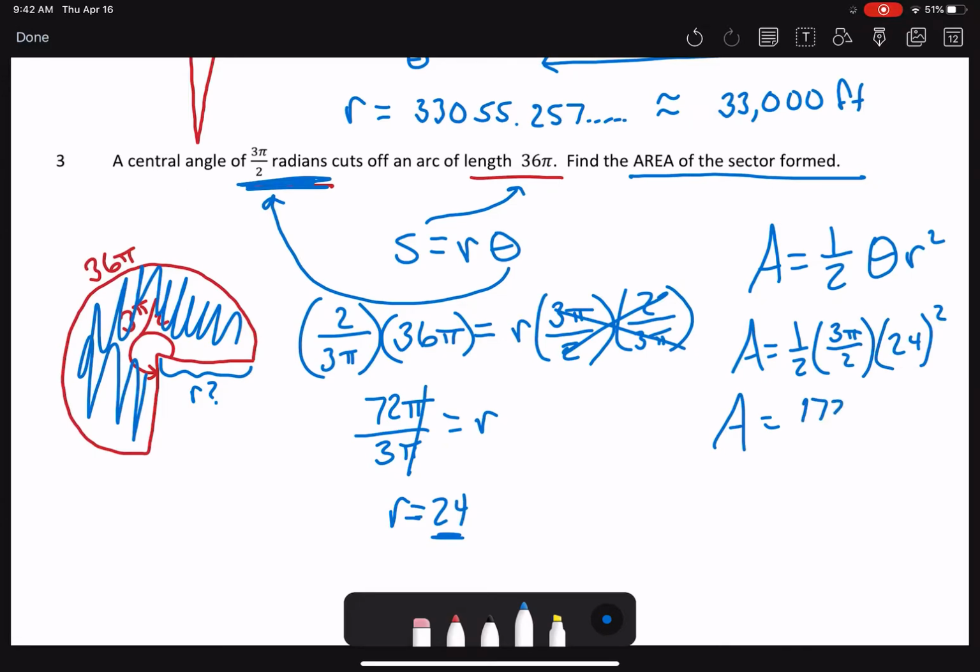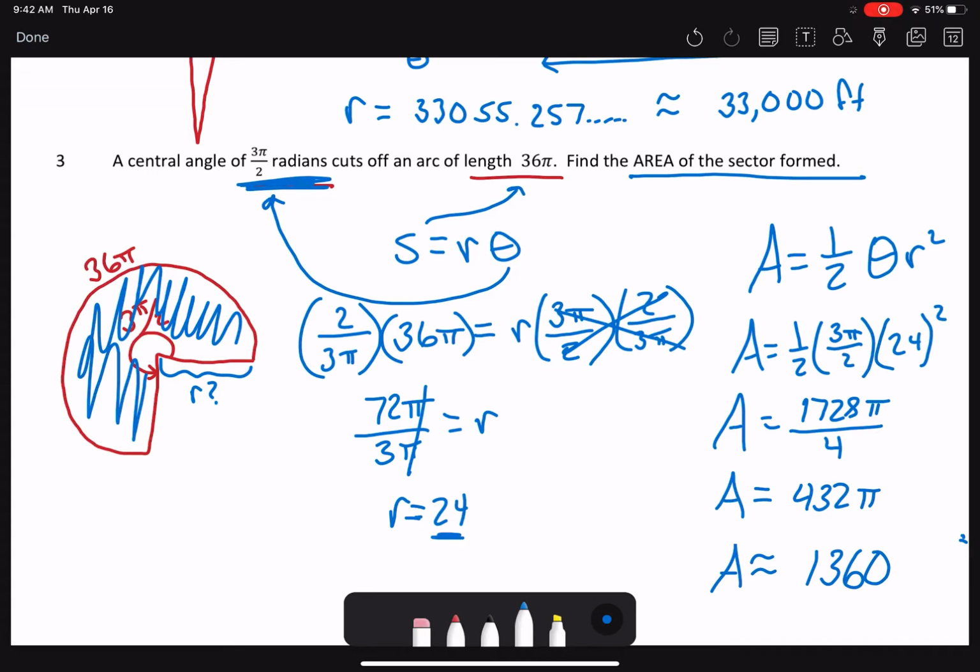So we got 1728 pi all over 2 times 2 is 4. And so we divide that by 4 and we get that the area is equal to 432 pi, which is about 1357.168. So we go, well, that's about 1360. And there you have it.